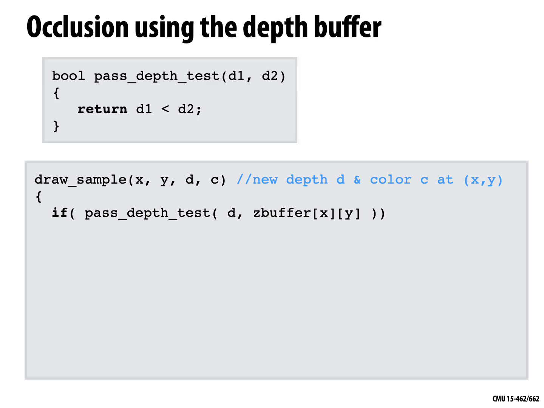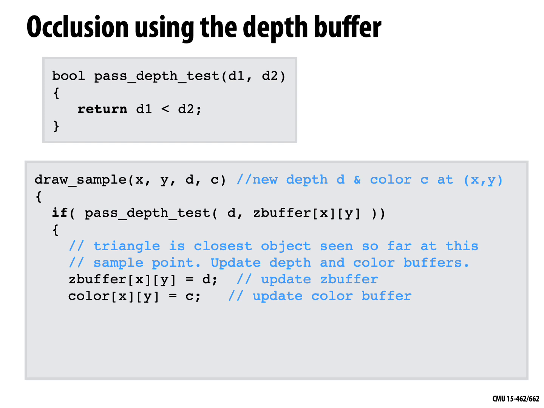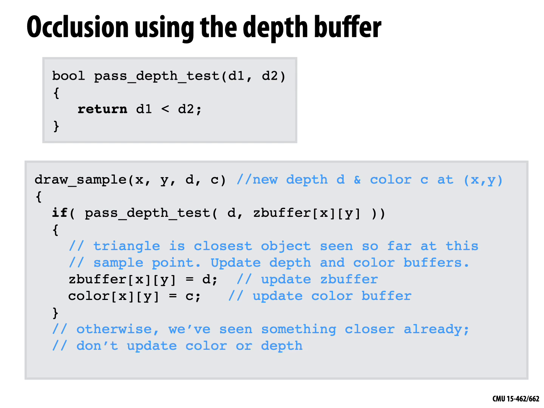What does this depth test do? It's very simple. It just says if D1 is less than D2, return true, otherwise return false. If we pass the depth test, that means the triangle we're drawing is the closest object we've seen so far at this sample point XY. And so we should go ahead and update the depth and the color buffers. And that's it. Otherwise, we've seen something closer already and we don't need to update the color or the depth. We simply do nothing.